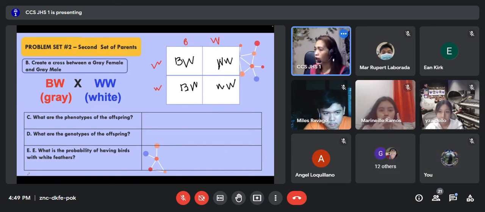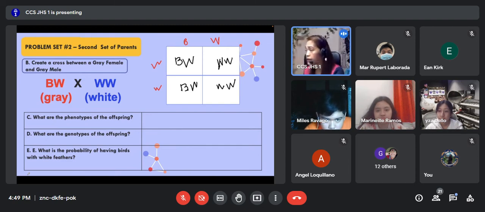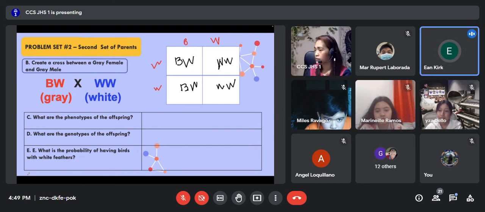So here, how is this similar to the previous problem? Do you see the pattern here? Or do you notice anything similar in comparison to the first set of parents? Yes. They are both 50-50, sir.